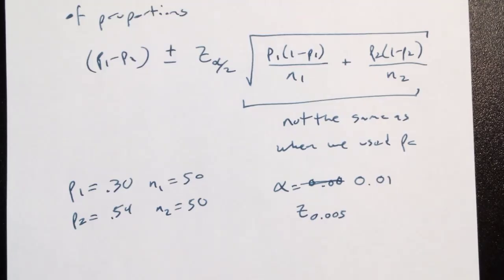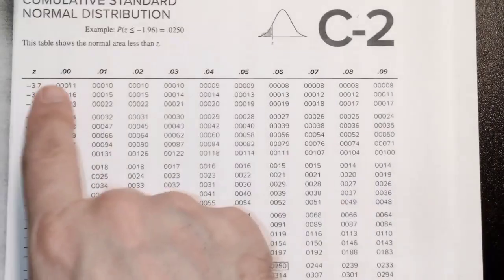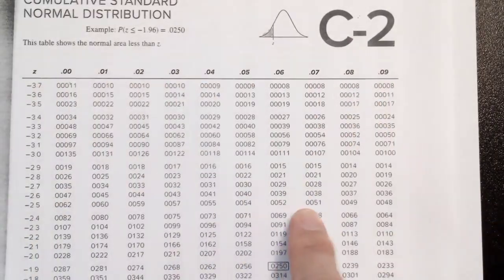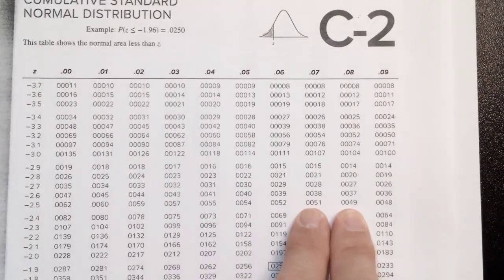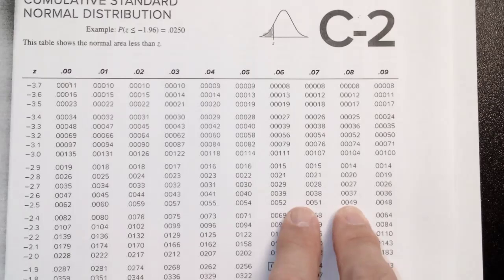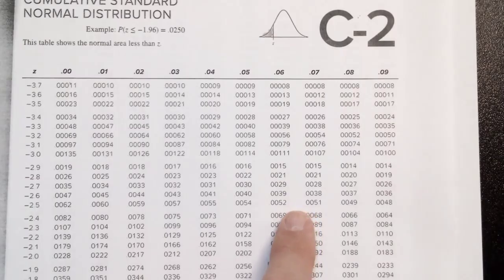So I grab my table, and what do I look for? It's right in between these two, isn't it? Negative 2.5 between 7 and 8, right? So 2.575. Sound reasonable?